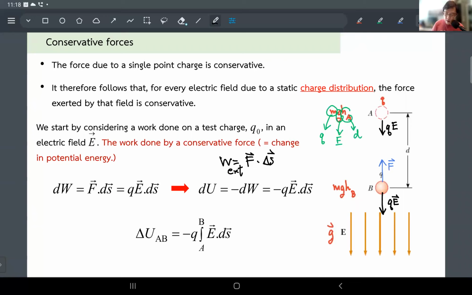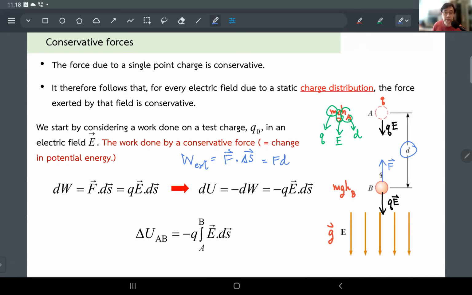Just to make it neat, let me use color coding. So I'm going to use blue color here. So work done due to my force is going to be F dot delta S. Force times the distance along the direction of the force. And in this case, you can see it is d. It's going to be Fd.